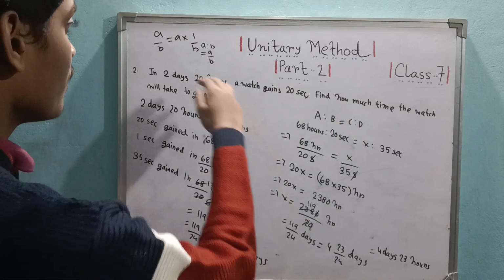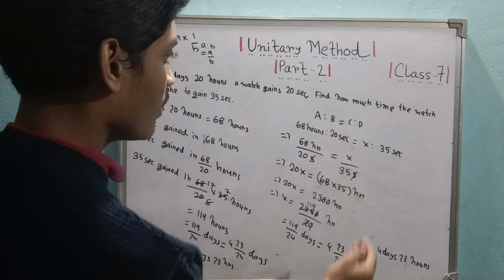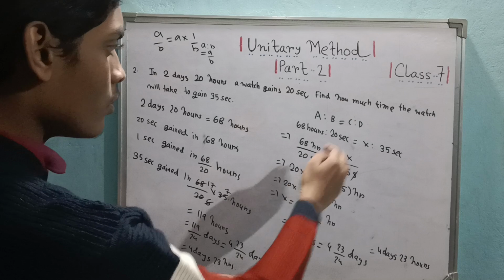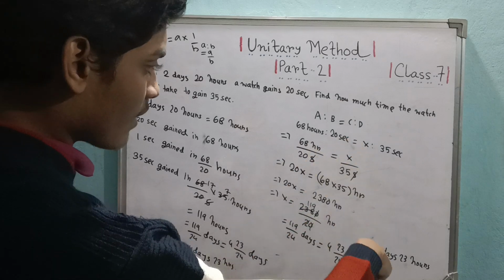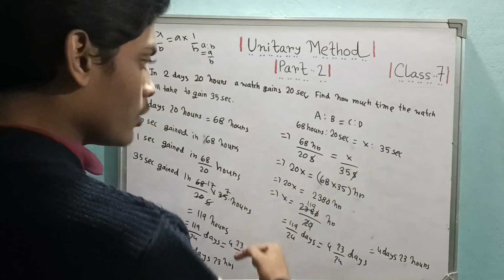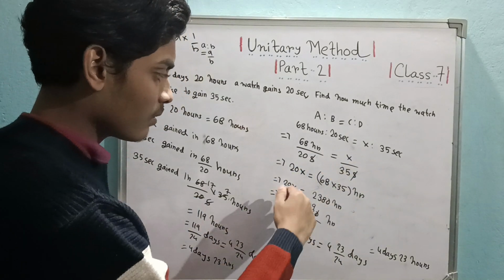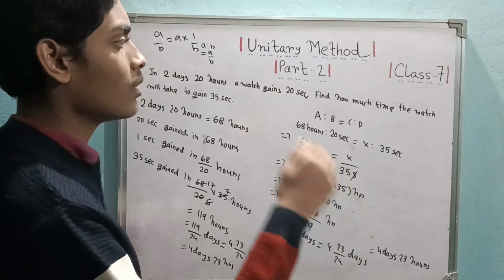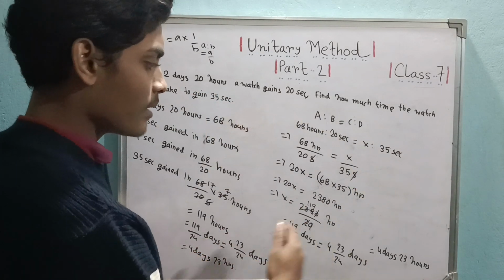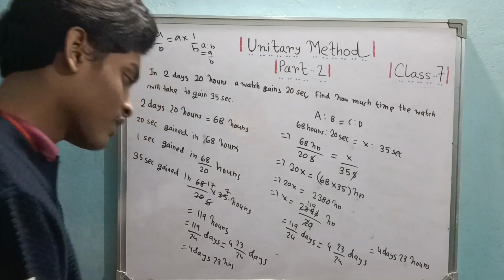Then doing that, 68 hours, 20 seconds, X hours, 35 seconds. 68 by 20 equal to X by 35. Seconds get cancelled out. Then 68 into 35 equals 20 into X. Then you get the value of X, which is the time period to gain 35 seconds. You get the answer 4 days 23 hours.